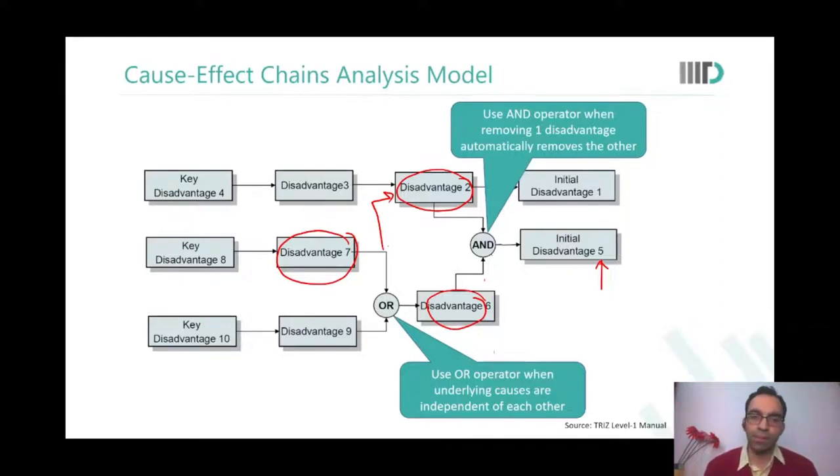Yeah, I think what I was also trying to say was that till now we've kind of limited to that. Okay, we're talking about 4, 8, and 10 are equally, we're saying all of them are 1, right? So if you solve only 4, that's better because we are just solving one key disadvantage. But imagine, what I was thinking in my head was that if the key disadvantage 4 is way too difficult to solve as compared to solving 8 and 10 together.